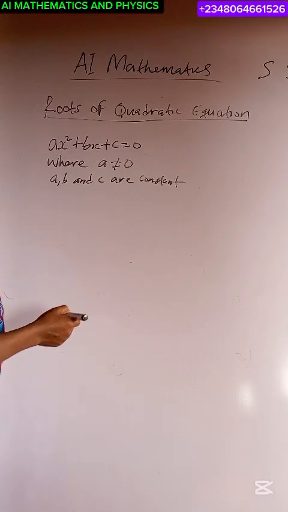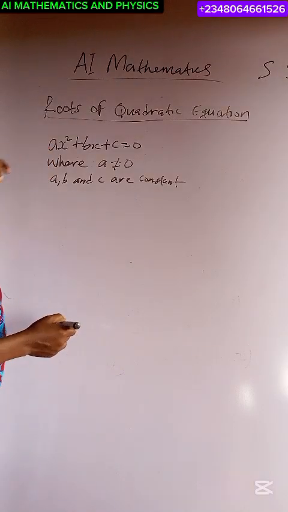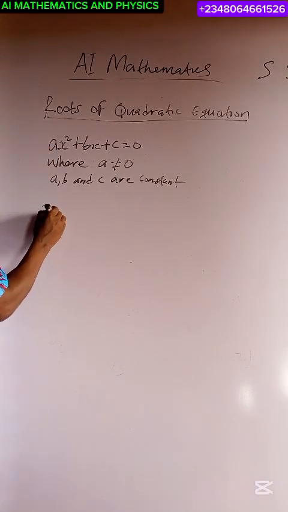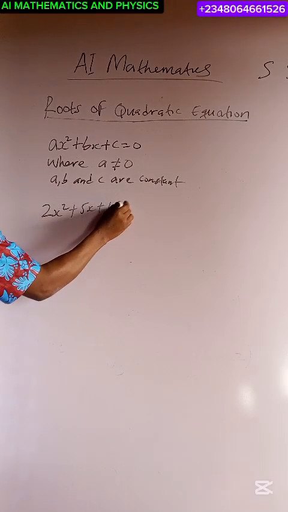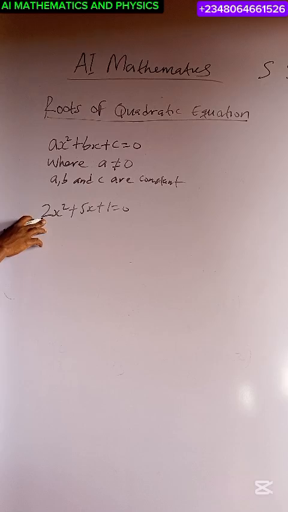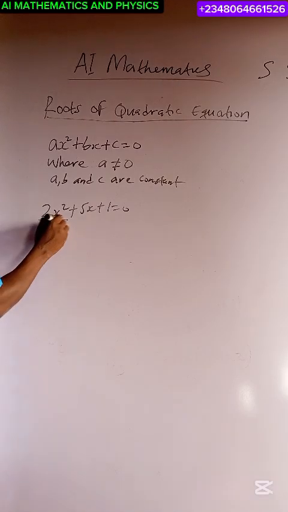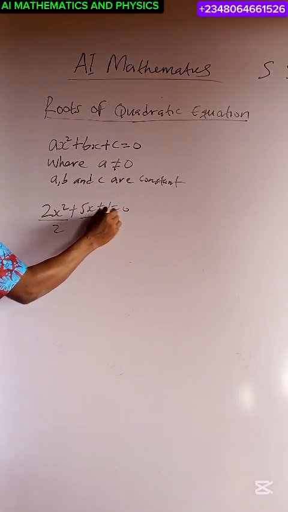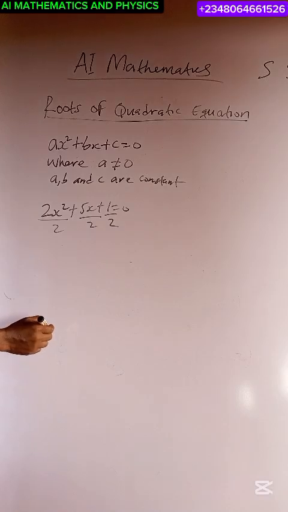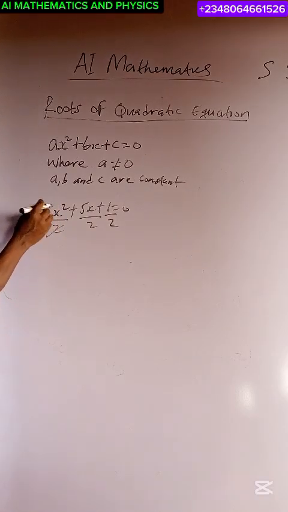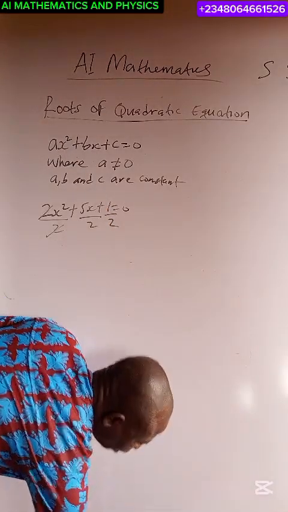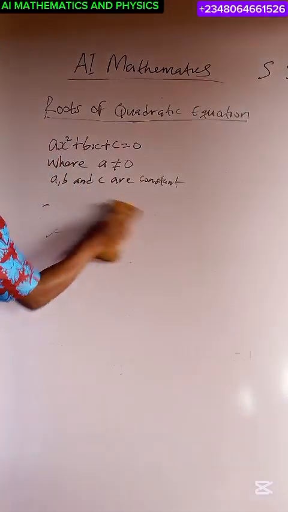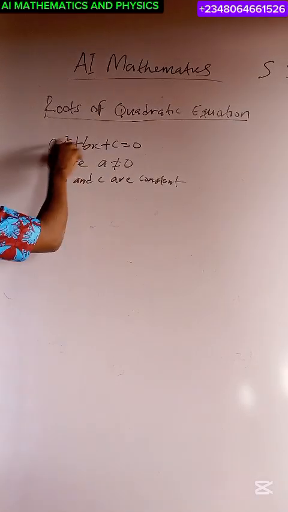Now, when we have a quadratic equation like this, because I want to eliminate the coefficient, we divide everything by a.